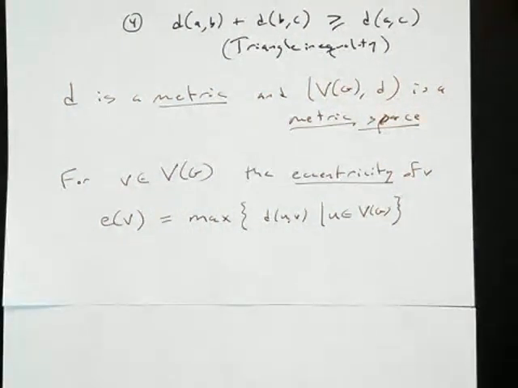But since my vertex set is finite, there is a maximum in it. If we have disconnected graphs, that maximum could be infinity. So, for the moment, we're dealing with connected graphs.